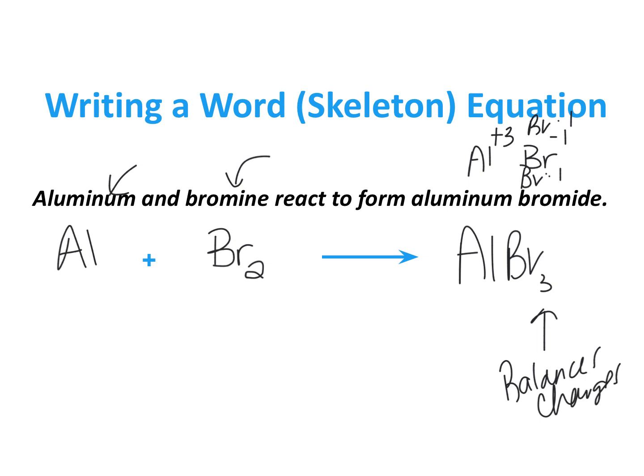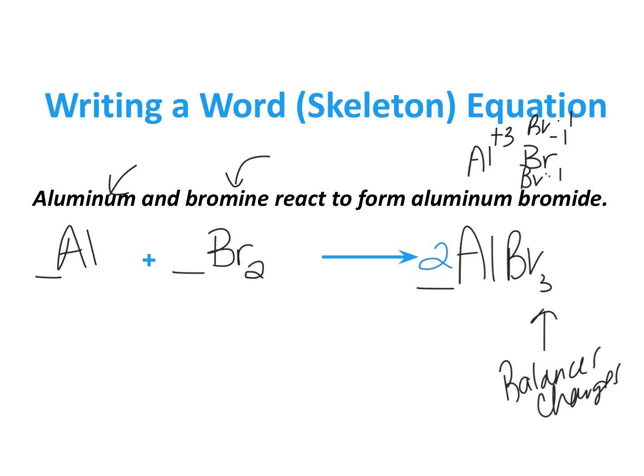Now I can go back and I can put in coefficients to balance the equation. So as I'm looking at that, I have this 2-3 split with that bromine. So I'm going to get those bromines to 6. And the way I'm going to do that is by putting a coefficient of a 2 out in front here.